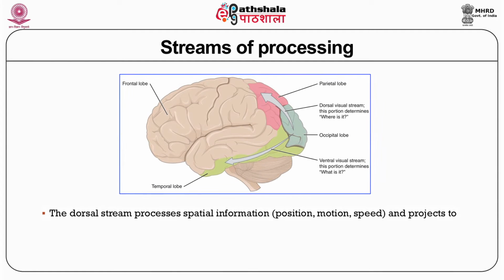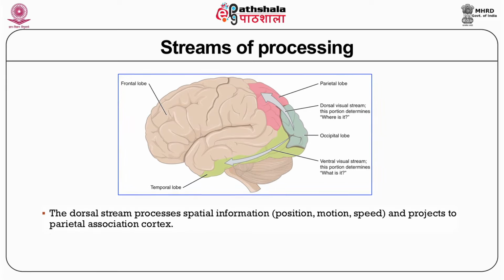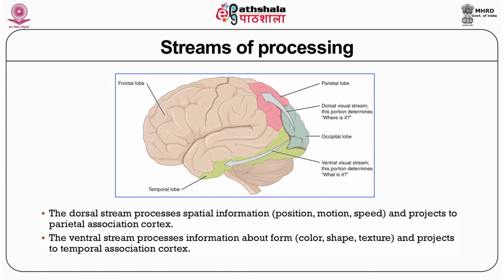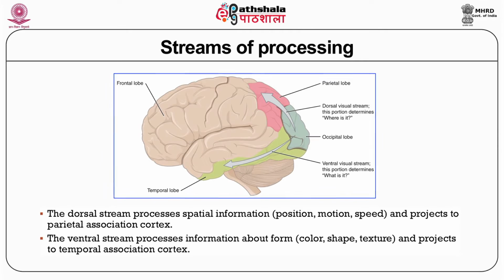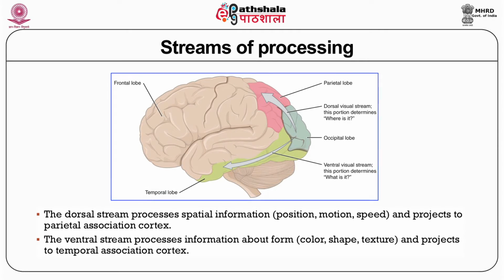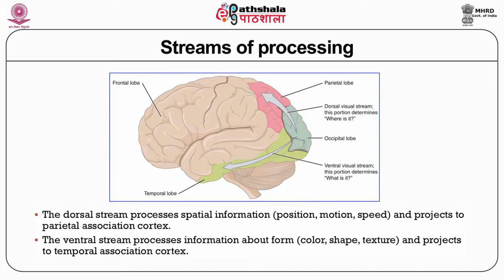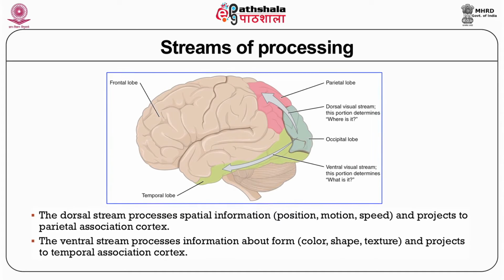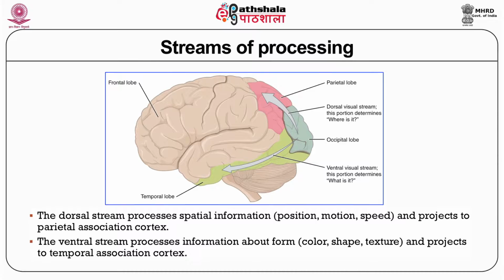The dorsal stream processes spatial information in terms of position, motion, speed, and projects to the parietal association cortex, whereas the ventral stream processes information about form, color, shape, texture, and projects onto the temporal association cortices.